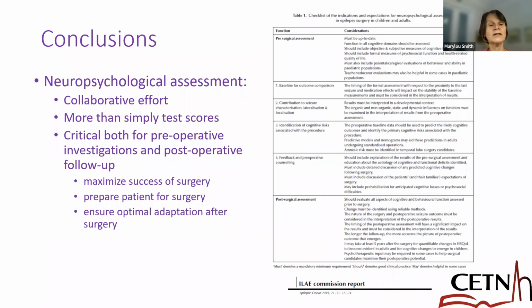It will help prepare your patient for surgery and can help ensure optimal adaptation after surgery. And this table on the right is from our Neuropsychology Task Force report that was published in Epileptic Disorders, which shows the key considerations that I have been discussing today. It's all nicely summarized in this table for you.